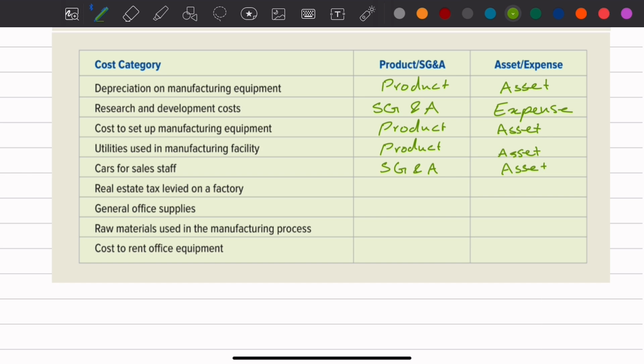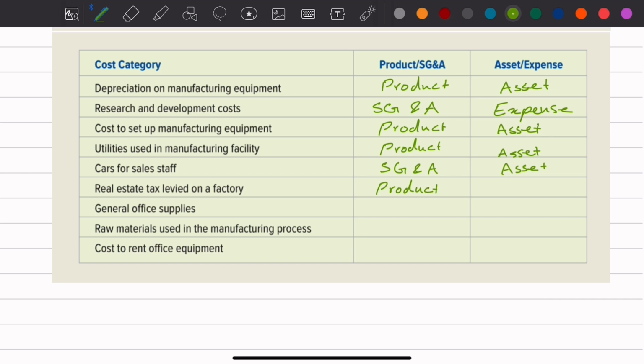Okay. Next one, real estate tax levied on a factory. Now this tax, because it's charged to the factory itself, we can classify this as a product cost, because it's one of the costs that we're going to incur during our manufacturing process.